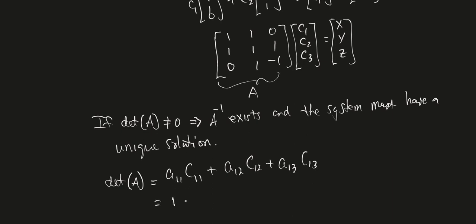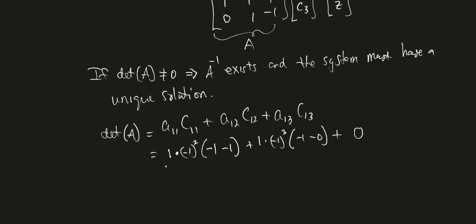A11 is 1, C11 is (-1) squared, and then let's do our minor. So that's -1 minus 1. Then plus, I have another 1 there, and C12 is (-1) to the third power, with its minor being -1 minus 0. And my A13 is 0, so this third term is going to be 0.